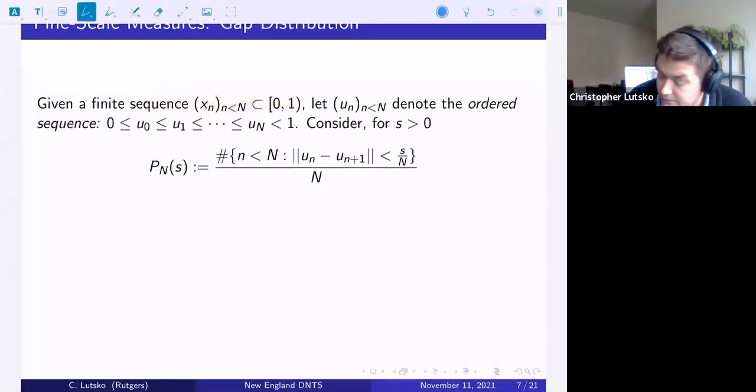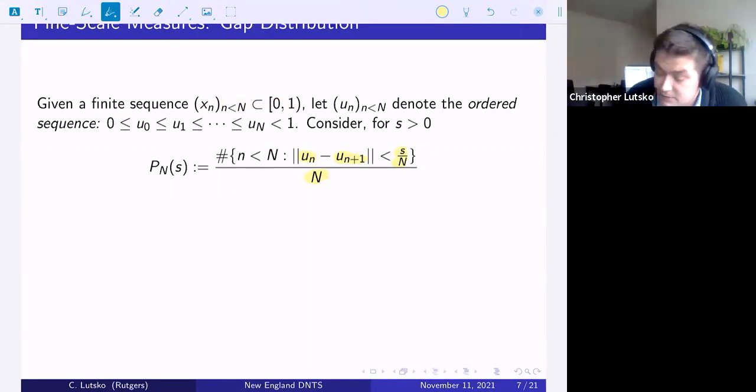And now we're going to look at the following function. We look at the distance between u_n and its neighbor u_{n+1}, and we ask, when is that smaller than s over N? And then we want a proportion, so we divide by capital N.